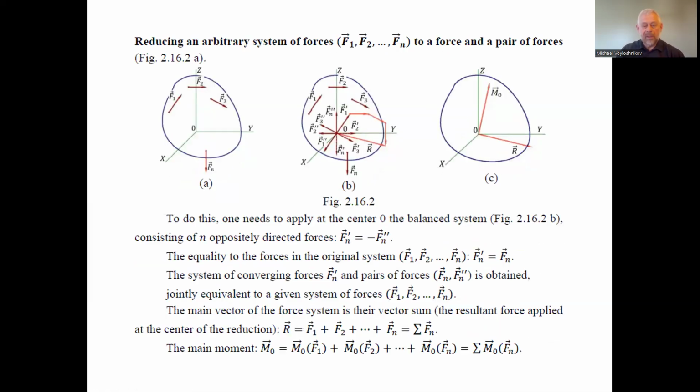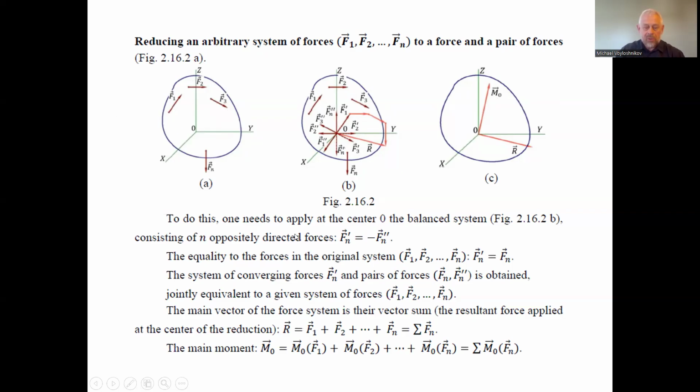Reducing an arbitrary system of forces. We have an arbitrary system of forces in the Cartesian coordinate system 0, x, y, z. We have forces F1, F2, F3, etc., Fn. And we can reduce this arbitrary system of forces to a force and a pair of forces. A pair of forces, or couple of forces, gives us a rotating moment around the point of the reduction of this system of forces.